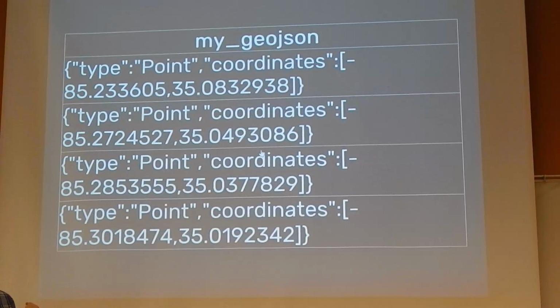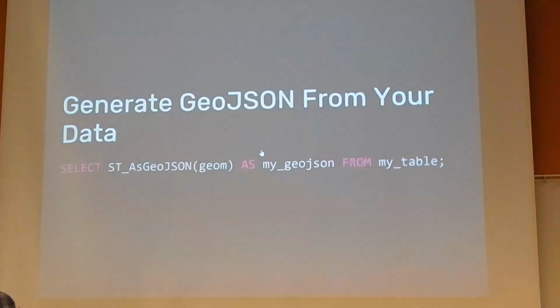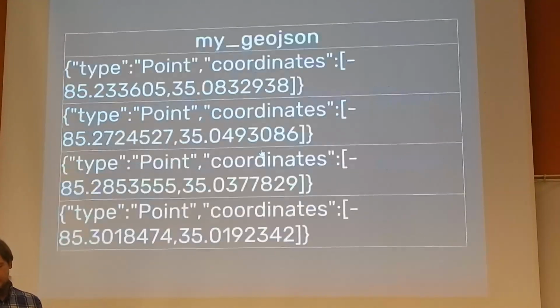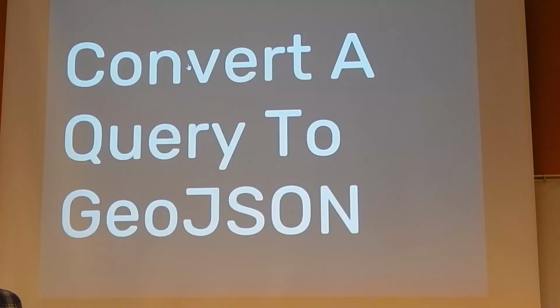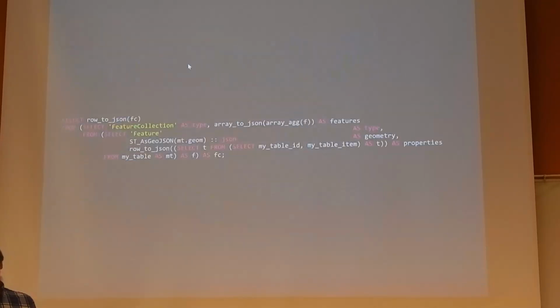Let's go back. This is a table of points, and my geom is a point. This is the output it gave me for the GeoJSON column, with the point coordinates. But what if we have a table and we want to display what's in the table as a GeoJSON? Use this bad boy right here.